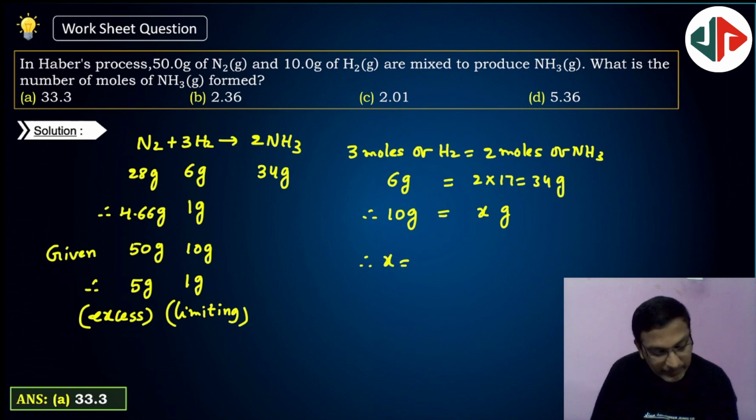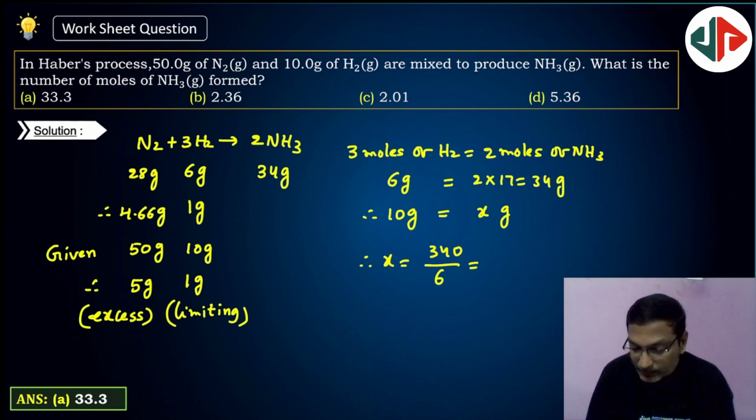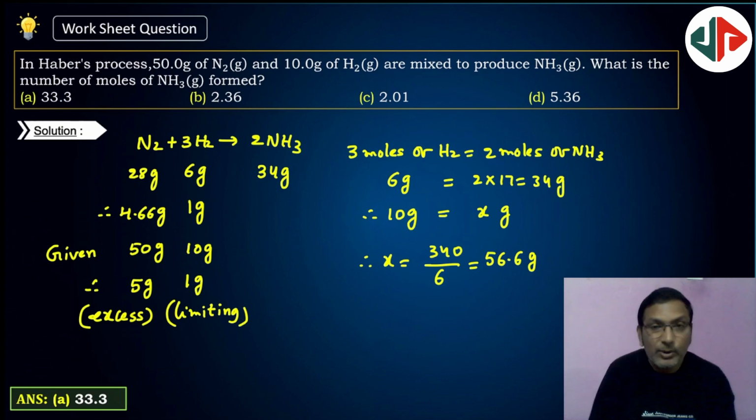Therefore X equals, cross multiplication, 340 by 6, which is equal to 56.6 grams.